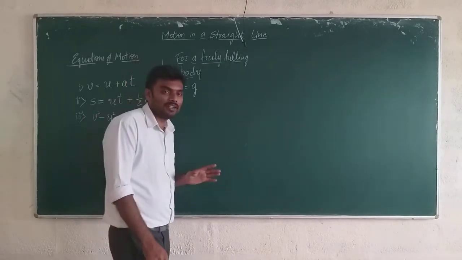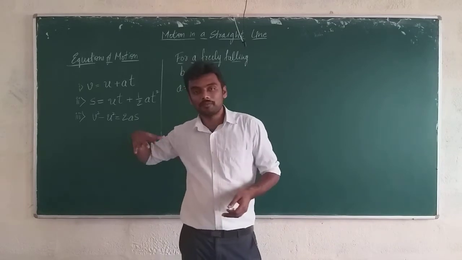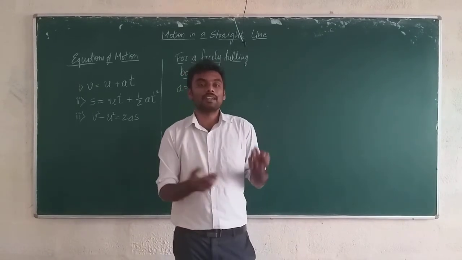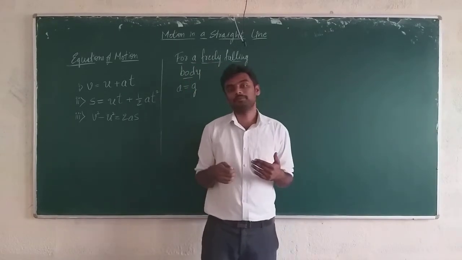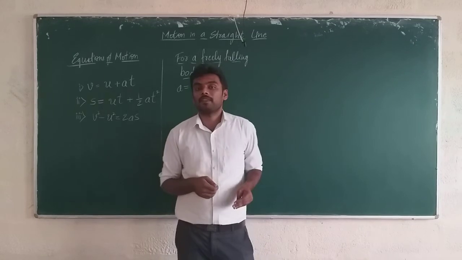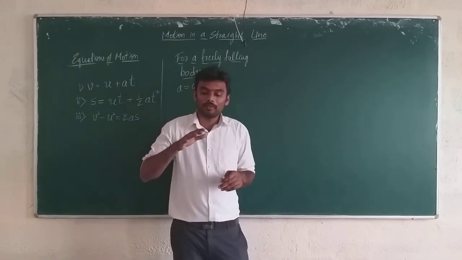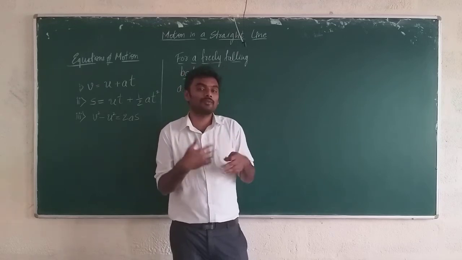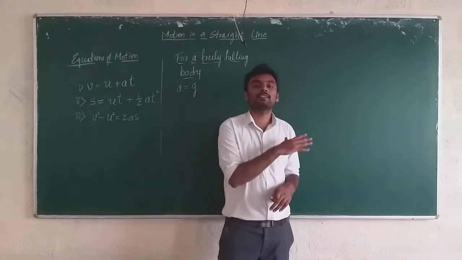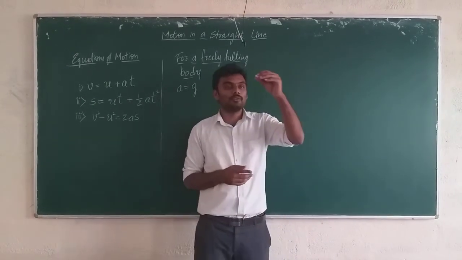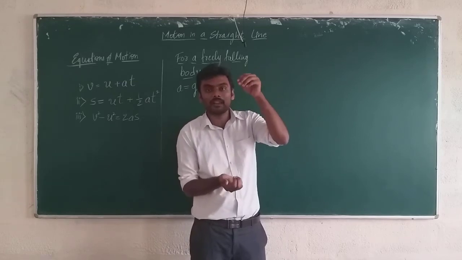Because in a regular situation, assume that you are sitting in a car and you just press the accelerator, the car starts to move and gain speed. But then the acceleration is due to the engine's work. When you just leave a body, it falls down under the influence of earth.